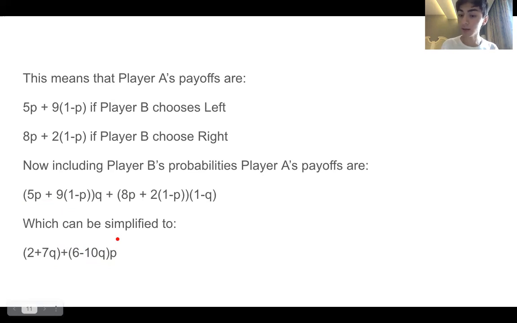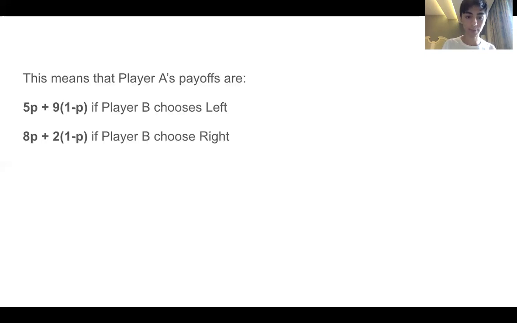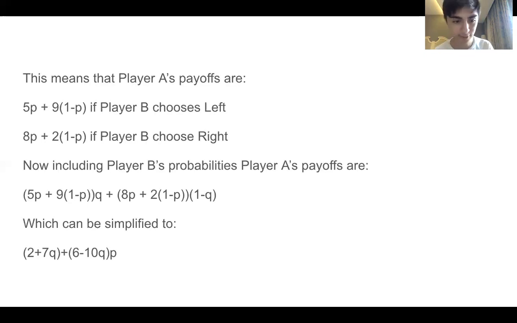But if q increases, say q is 0.7, then it would be 6 minus 10 times 0.7, times whatever p is. Because 0.7 times 10 is 7, 6 minus 7 is -1, and then times p is negative p. So player A is actively losing points because they are choosing to go up. Does that make sense where the 0.6 comes from now?